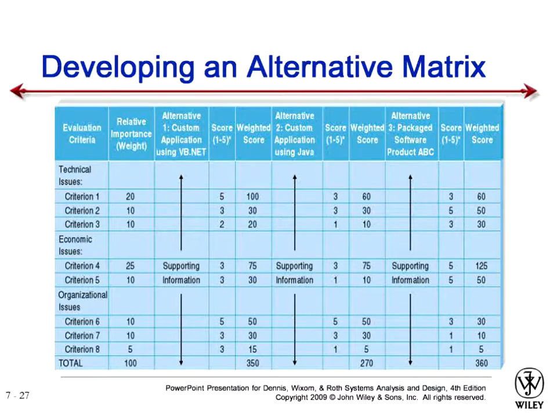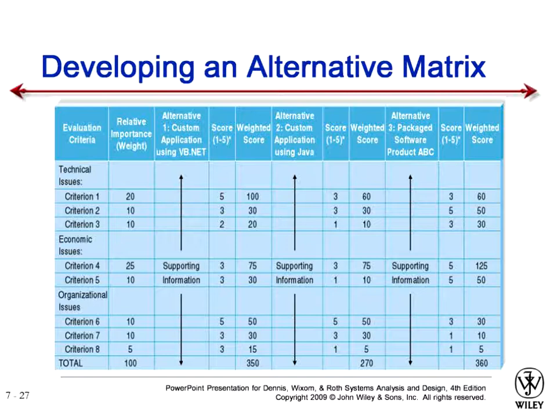Now, how does this alternative matrix look? If you look at this closely, you will see that in this matrix, the evaluation criteria, technical issues, economic issues, and organizational issues are mentioned. This is only a part of the alternative matrix. In the column side, relative importance, weight is mentioned. The alternatives are mentioned: custom development using VB.NET, score, weighted score.